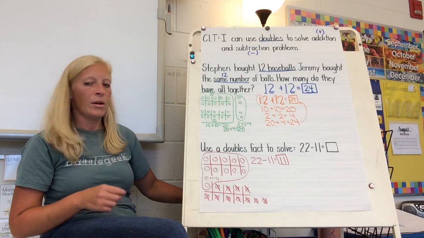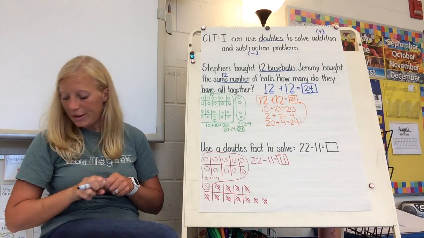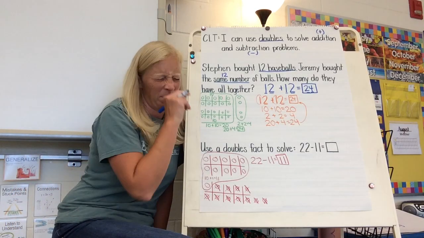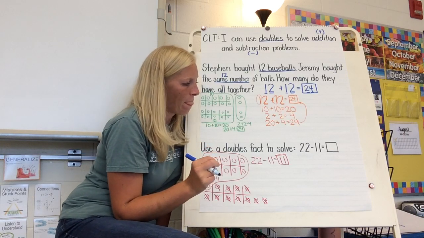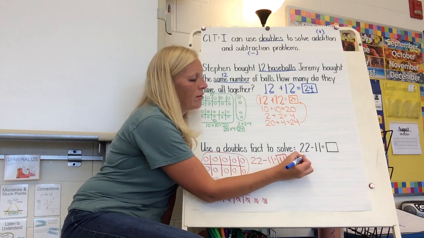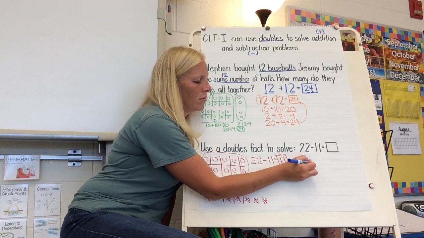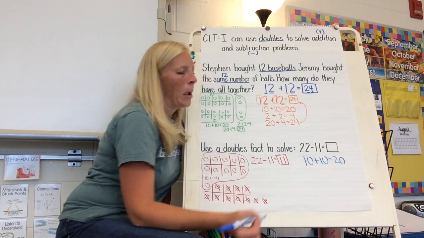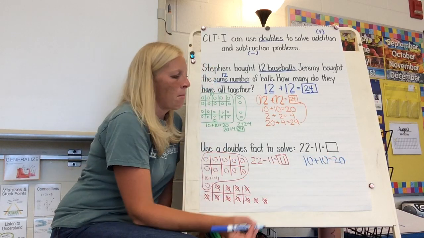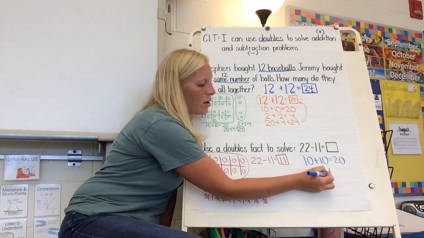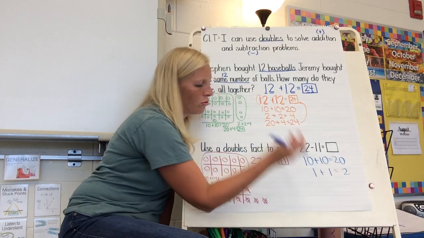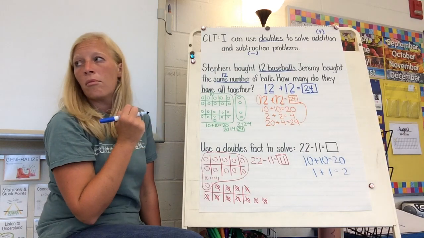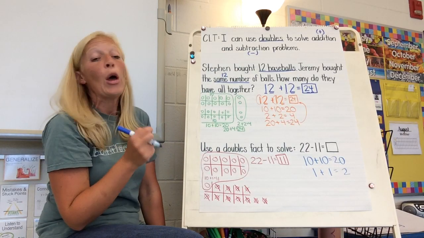Alrighty. Pop yours up there. Let's take a peek at this one. Ten plus 10 equals 20. Okay. 1 plus 1 equals 2. How's that helping you solve this?